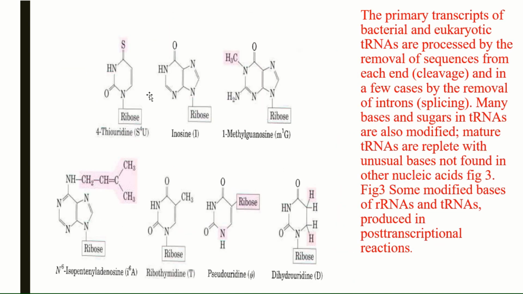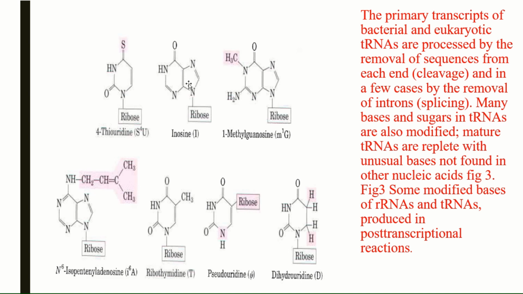In this figure, we see that the primary transcripts of bacterial and eukaryotic transfer RNA are processed by the removal of sequences from each end and, in a few cases, by removal of introns. Many bases and sugars in transfer RNA are also modified. These are the bases of transfer RNA molecules.